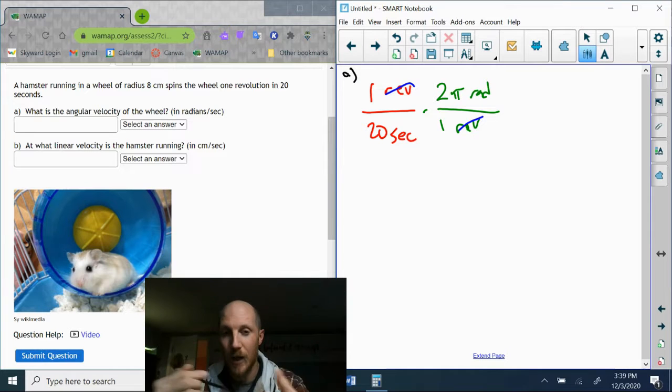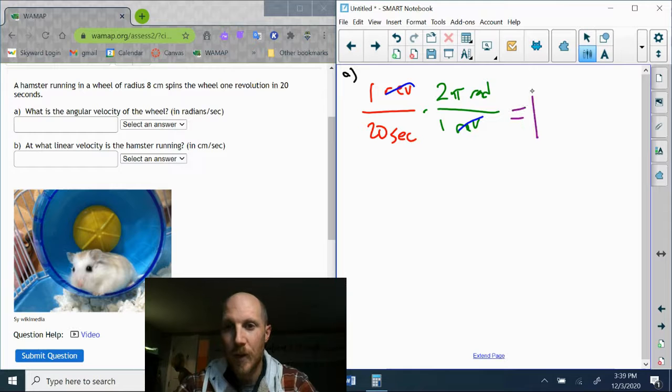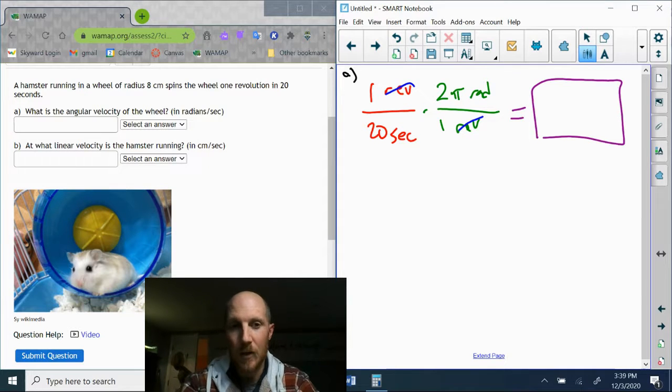There are 2 pi radians of rotation in 1 complete revolution. So I'm just going to leave that as the word radians. And I don't have to convert the time in this problem because I've got radians on the top and seconds on the bottom, and that's what the directions are asking me for: radians per second.